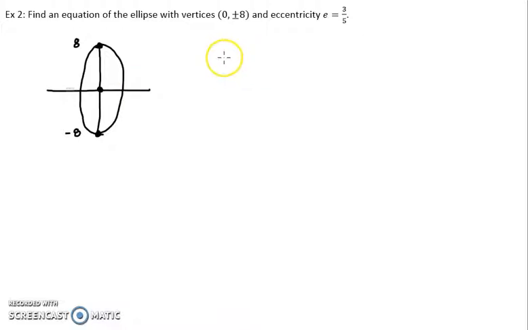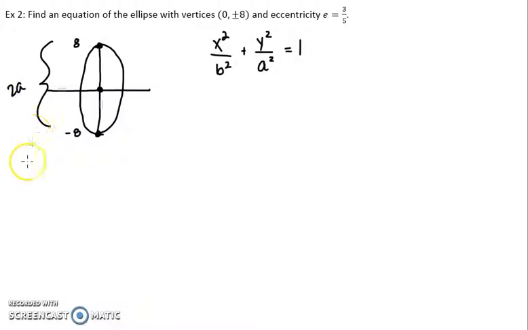So I know very generally it's going to look like x squared over b squared plus y squared over a squared equals 1, and of course a is bigger than b. Now, thinking about what we know about an ellipse, our major axis has a length of 2a.